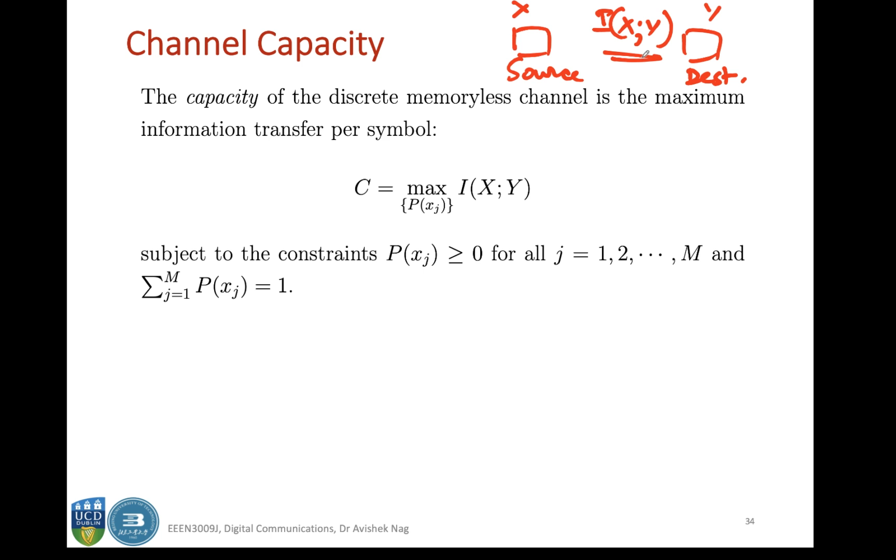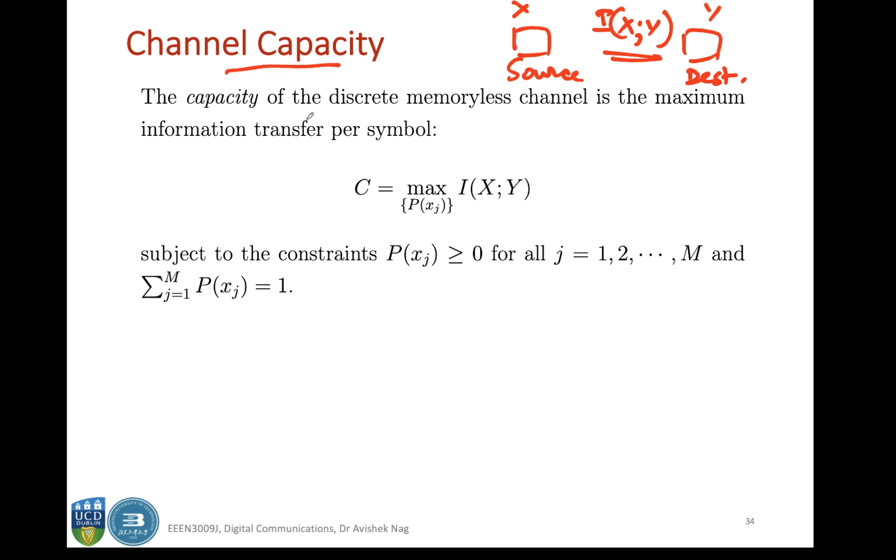Now we can define channel capacity. Remember that you have learned about capacity before in your wireless communication and digital communication classes. You also have come across the Shannon channel capacity formula and the Nyquist channel capacity.